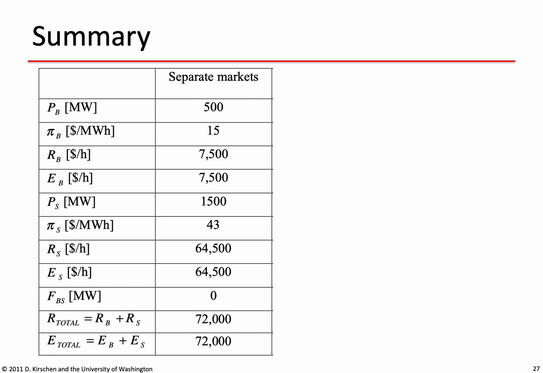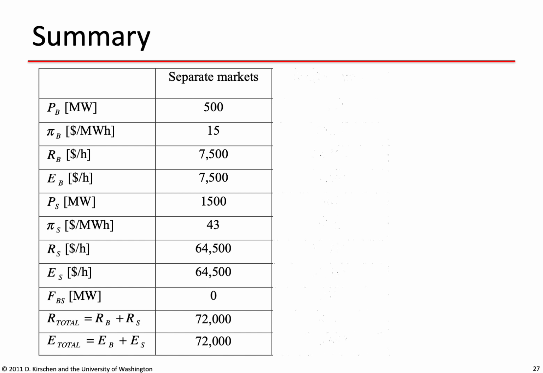The flow from Borduria to Syldavia in this case is 0, so FBS equals 0. If we add the total revenues of the generators in Borduria and Syldavia, we get 72,000, and that's also equal to the total amount that the consumers pay in Borduria and Syldavia.